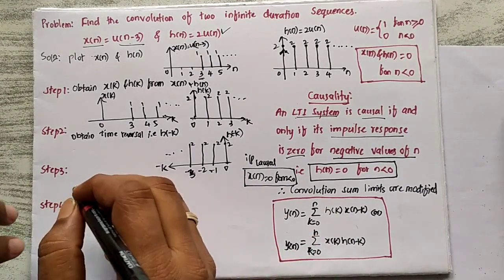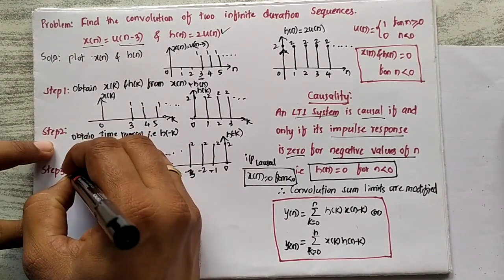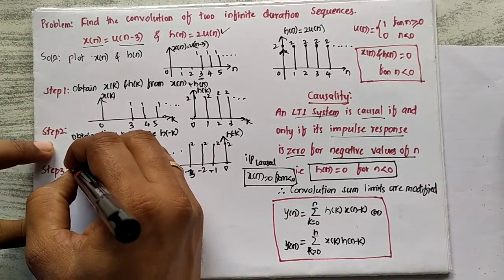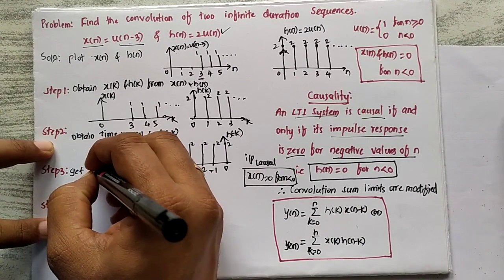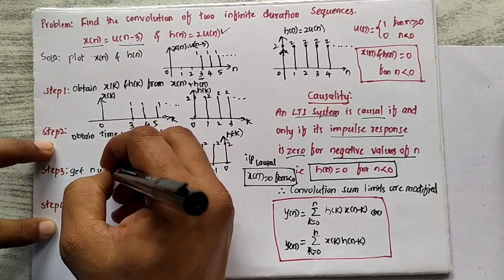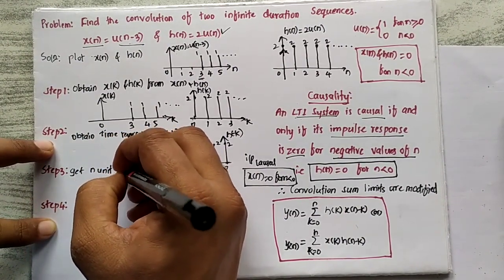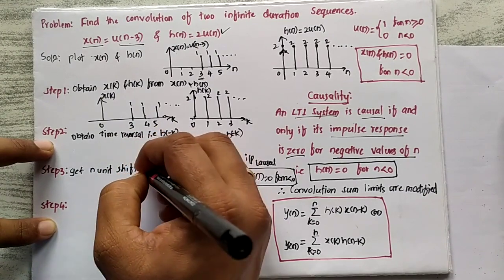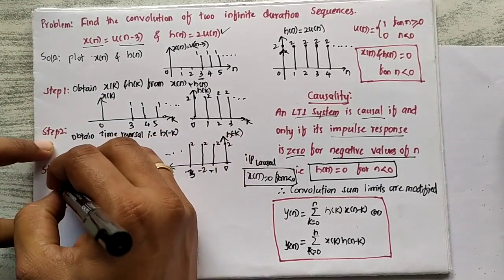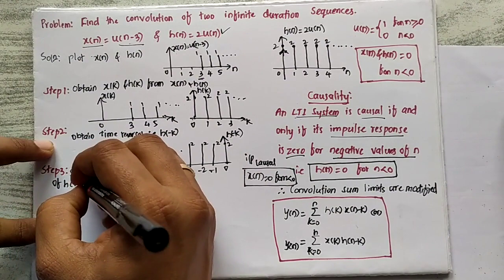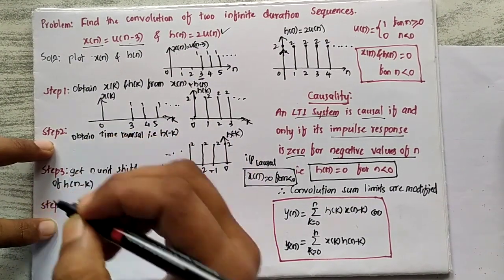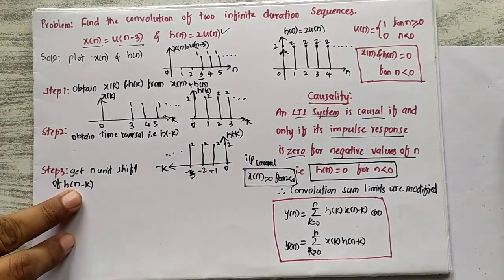Okay, what is the step 3? Step 3 is to get the n unit shift of h of n minus k. Okay, so we will get h of n minus k.